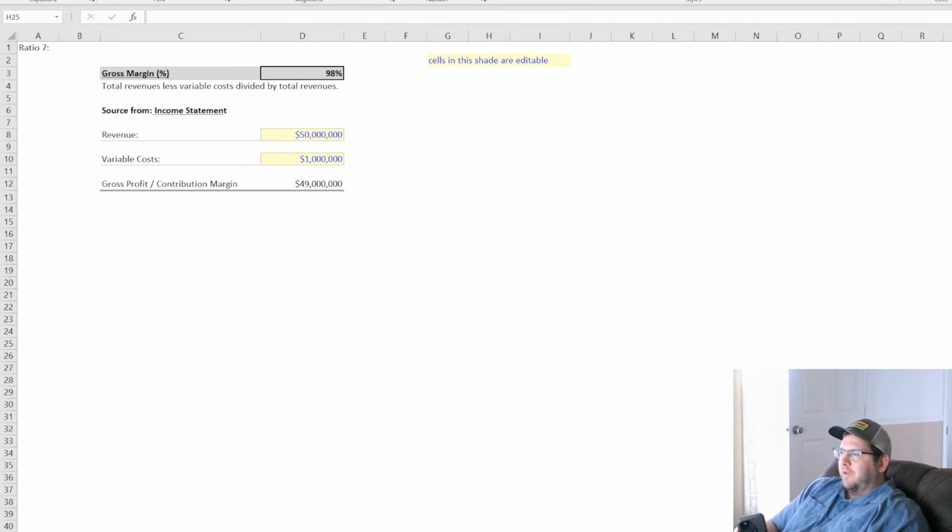Cash flow statement provides data for ratios dealing with cash, right?